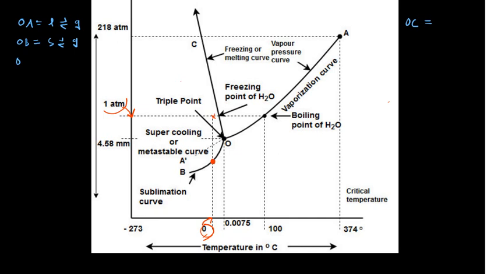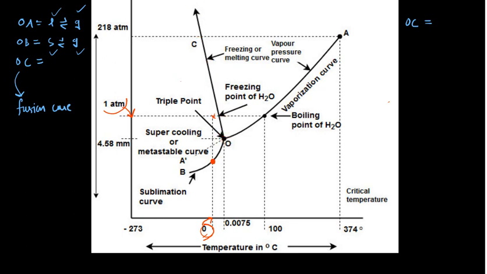Now, along the curve OC, what will you have? This curve OC is basically your fusion curve. This is known as the fusion curve.